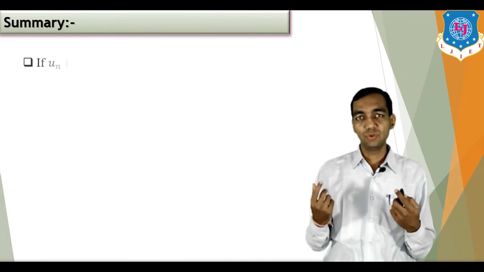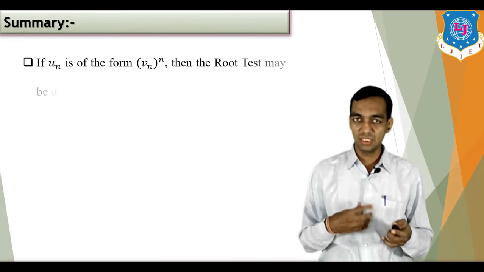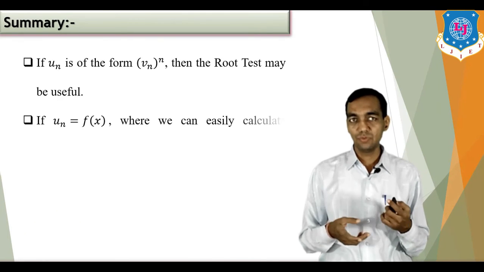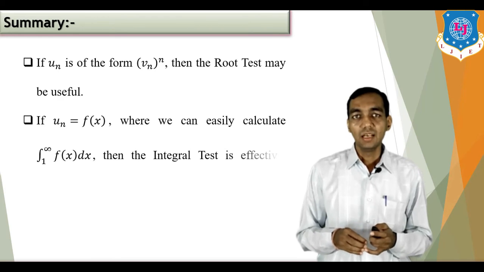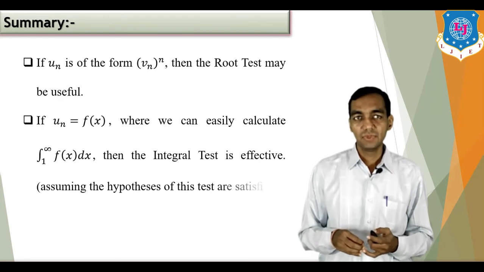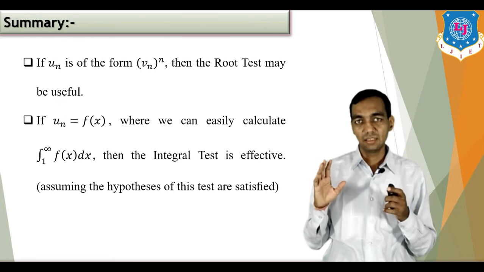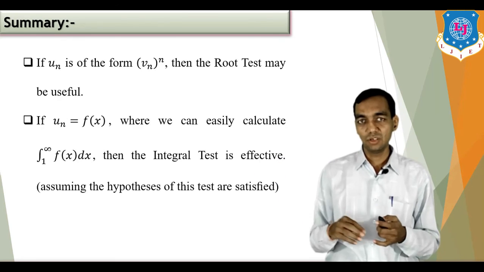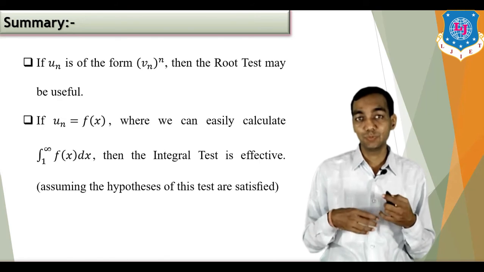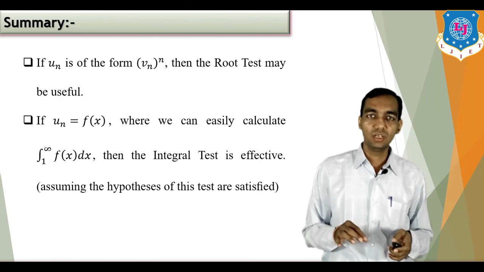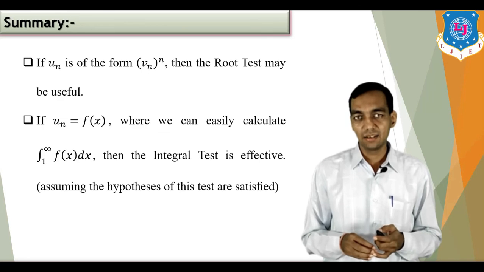If something is raised to n, then the root test is applicable, and the conditions of both of them are the same. And the last one: if un is equal to f(x), that means your function satisfies the conditions of the integral test and integration is possible, in that case only we apply the integral test.